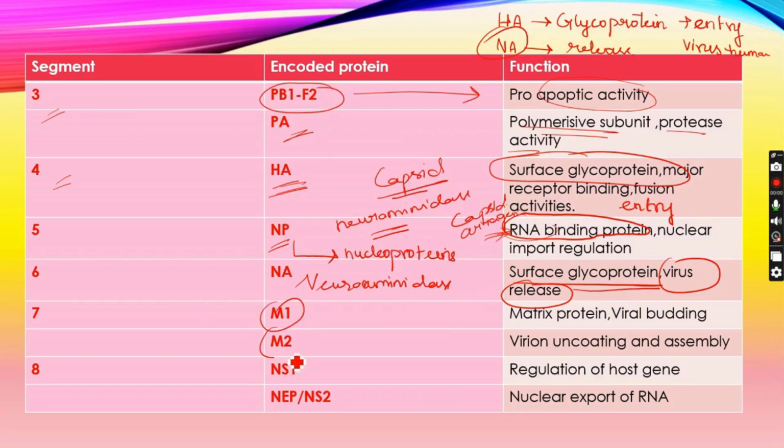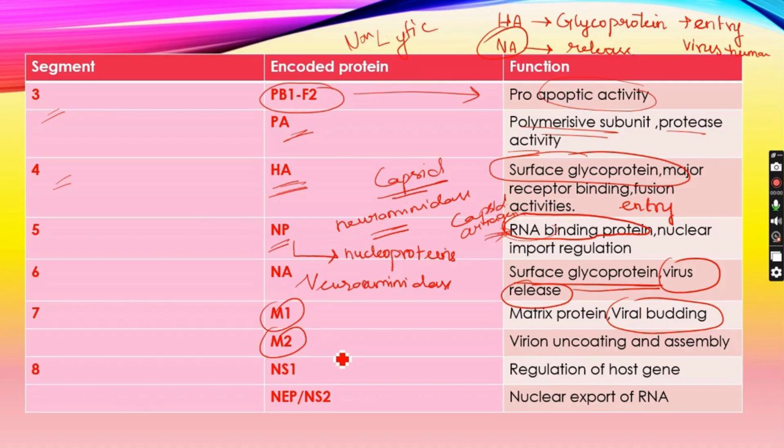Next, the M1 protein and M2 protein are both matrix proteins. They are involved in viral budding. After the replication has taken place, the virus is released by budding, because influenza carries out the non-lytic cycle.